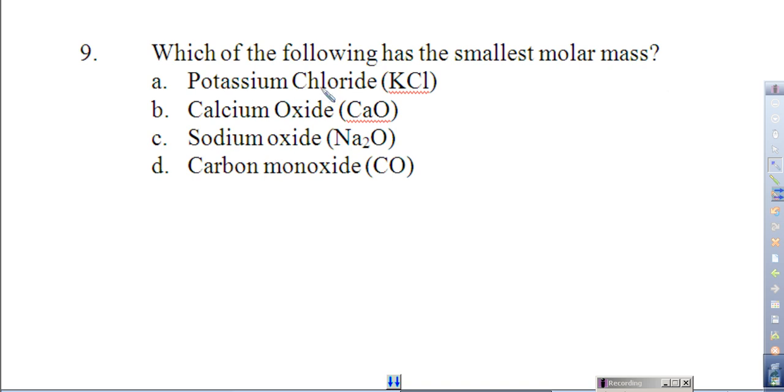So what's potassium? What's the mass of potassium? 39.1 for potassium, plus what's chlorine? 45. All right. So now list out what would you put in your calculator for calcium oxide to figure out that molar mass.